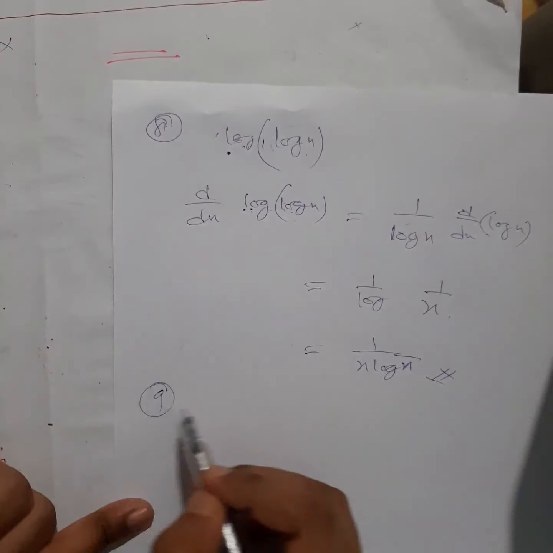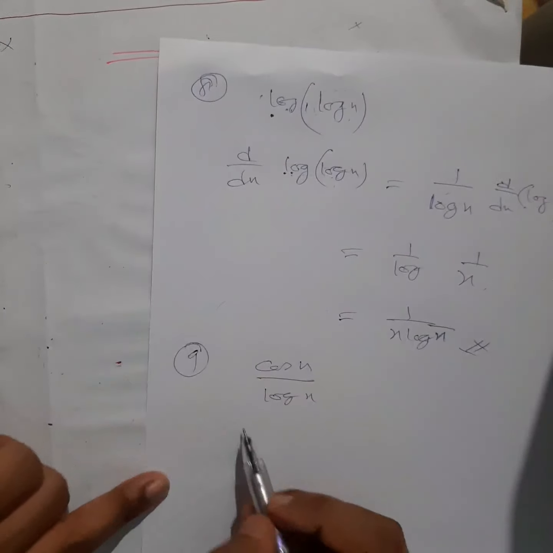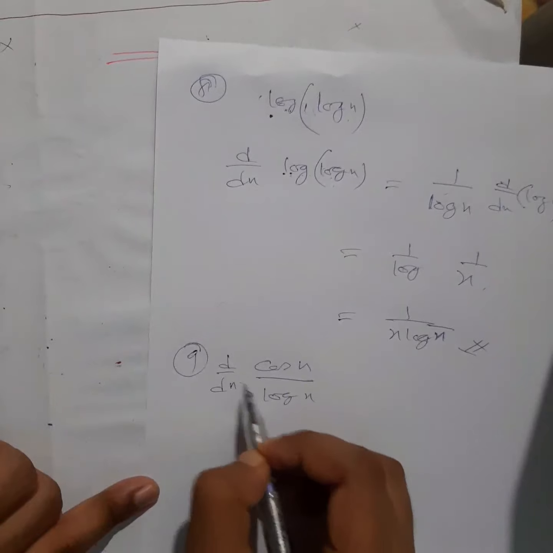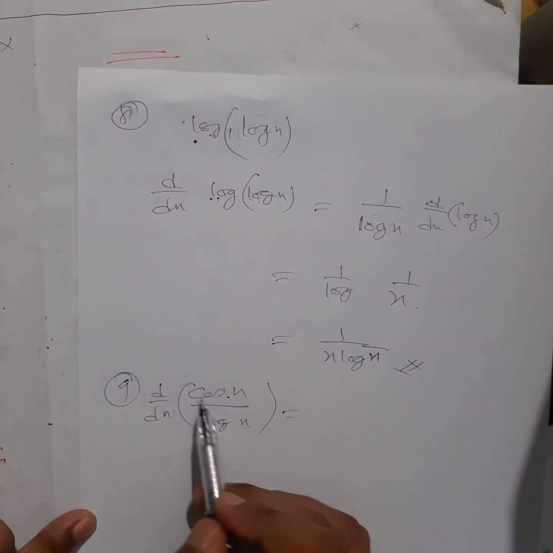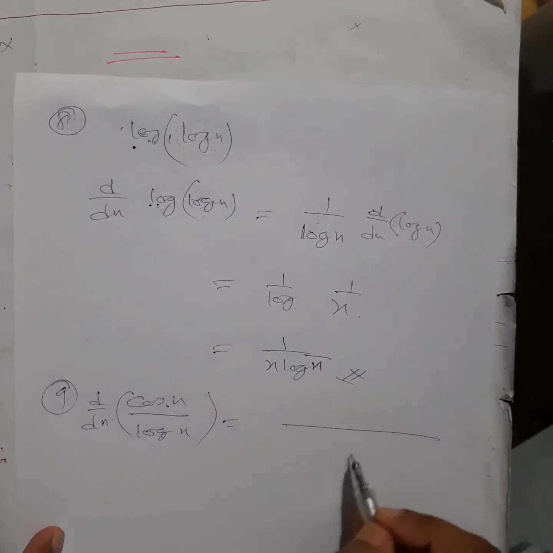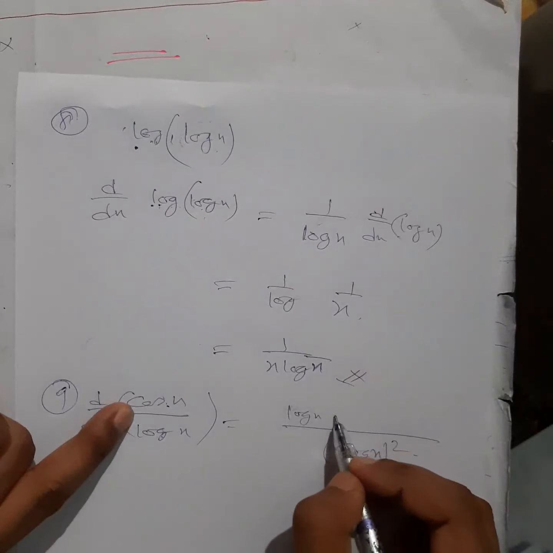Next, number 9, cos x by log x. Now this time, let me write down directly here only, d/dx of this one. This time it is of the form uv. u is this one, v is this one. So log x whole square, log x I will leave it as it is, cos x I will differentiate.